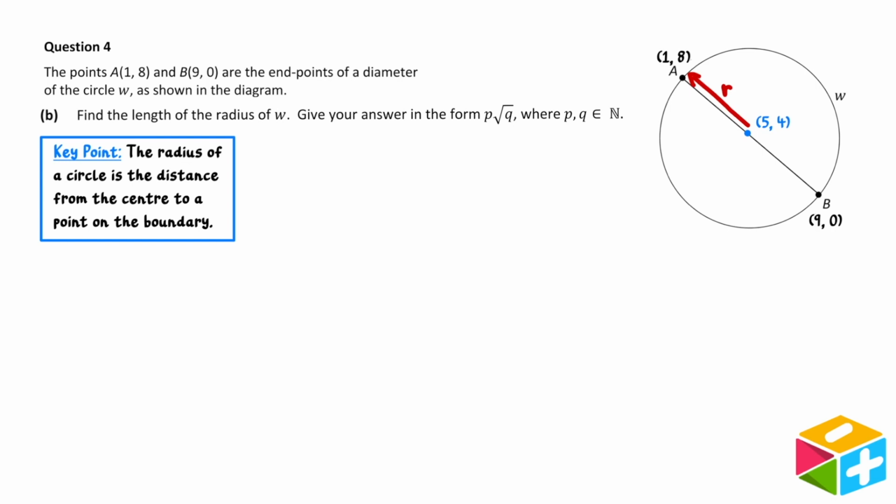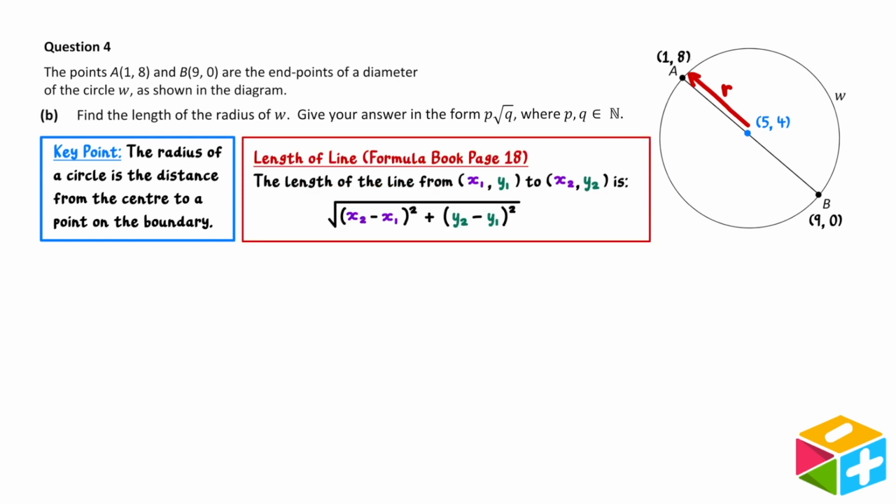There's a helpful formula on page 18 of the formula book. It says that the length of the line from x1, y1 to x2, y2 is the square root of x2 minus x1 squared plus y2 minus y1 squared.